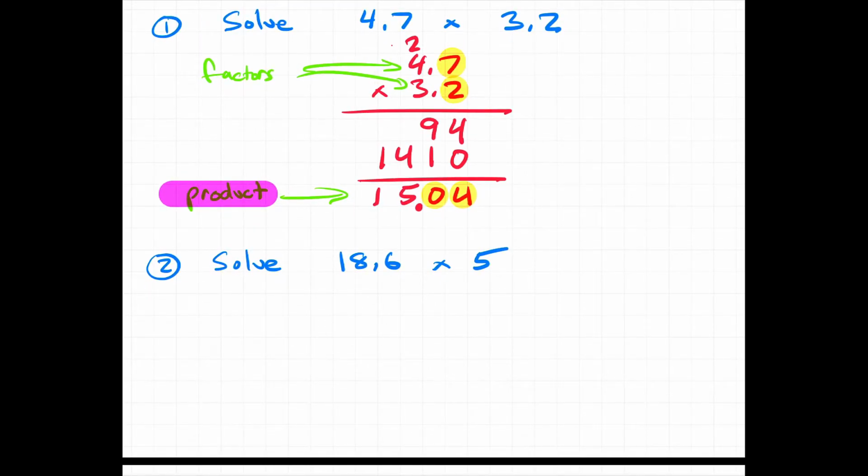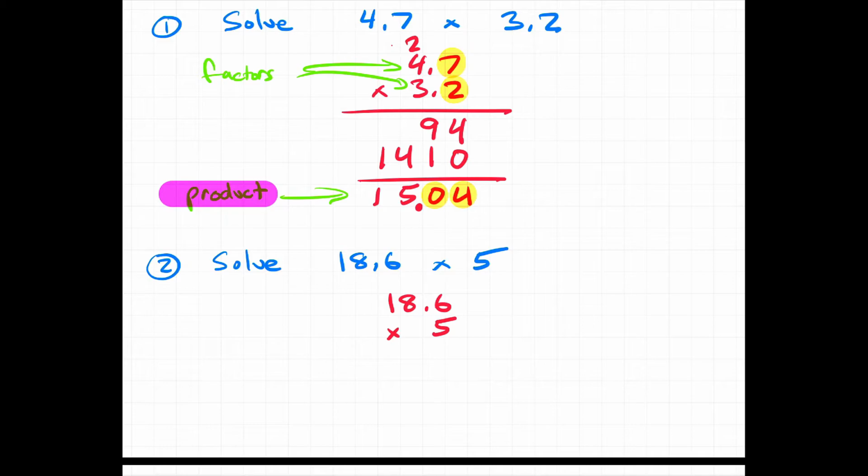Okay, so let's move on to example number 2. Again, I have 18.6 times 5. Now, don't forget that 5 actually has a decimal right there, but if there's a bunch of zeros there, remember it doesn't change anything, so we don't really worry about that at all. I'm just going to do the same thing, though. I'm just going to stack 18.6 times 5.